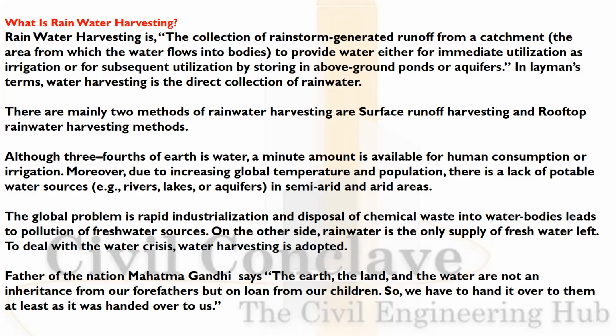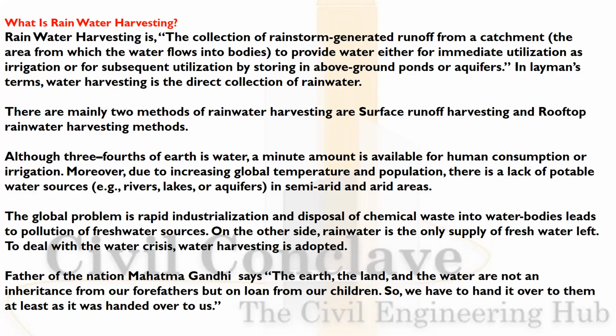Moreover, due to climate change and population, there is a lack of potable water resources such as rivers, lakes, etc. The global problem is rapid industrialization and disposal of chemical waste into the water bodies, which leads to pollution of the freshwater resources. On the other side, rainwater is the only supply of fresh water left. To deal with this crisis, water harvesting has been adopted.